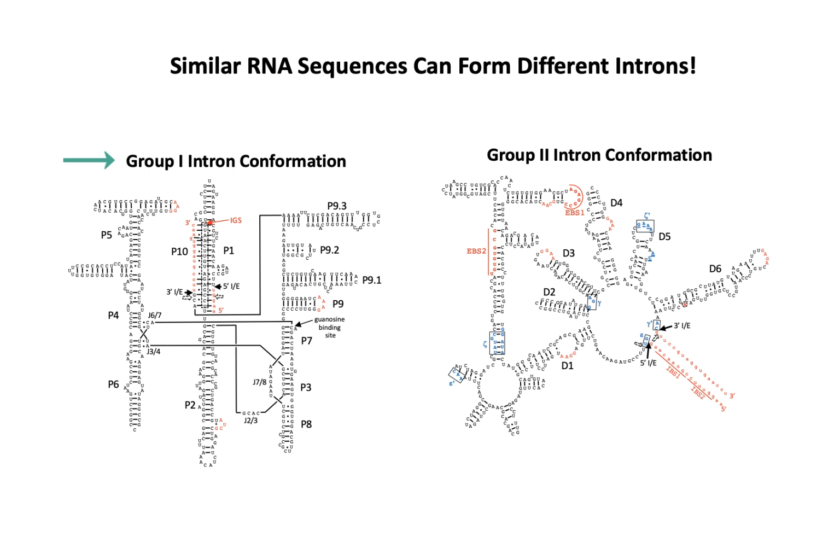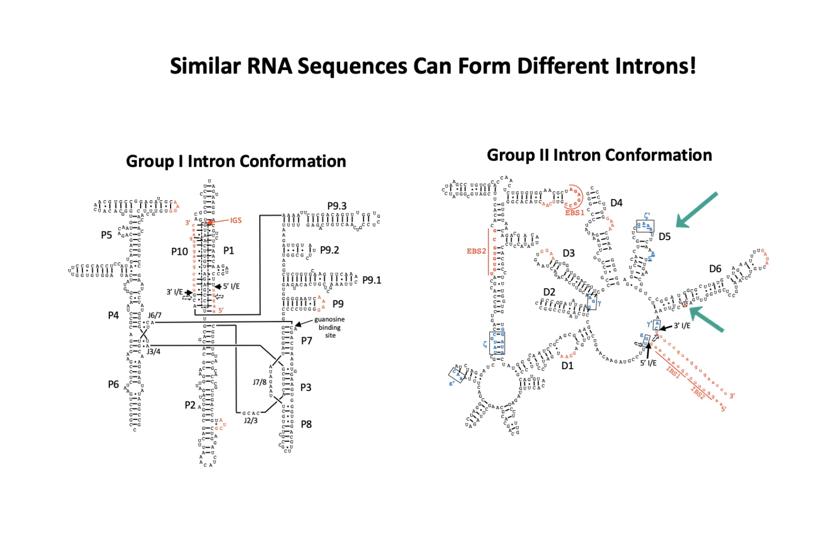But if you fold it in a slightly different way, it looks like a perfectly good group 2 intron, including having the conserved D5 domain as well as the unpaired A in domain 6.